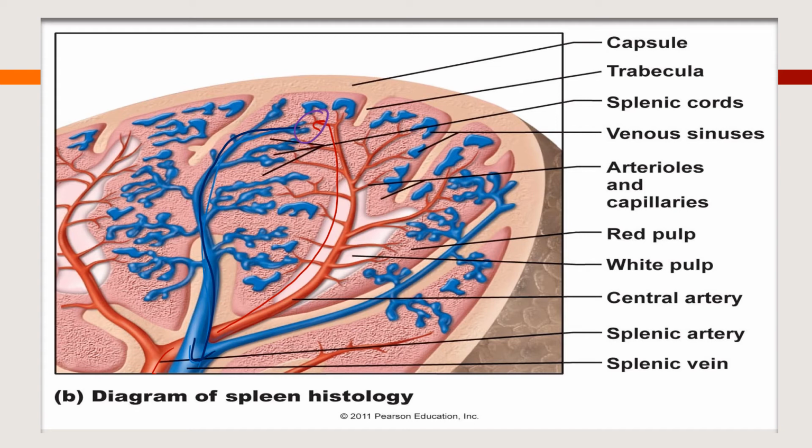There's also an area here of white pulp, which is a collection of white blood cells, mostly lymphocytes, that are doing immune surveillance on the blood.